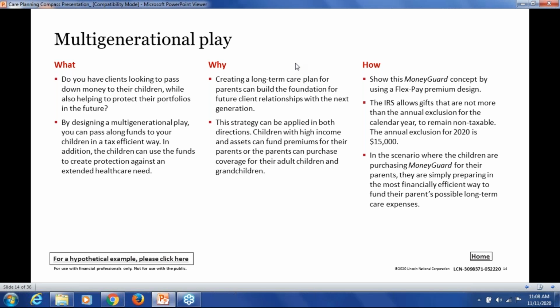And it's really in their financial interest to do so, because if mom and dad have to spend down all of their assets and go on Medicaid, those adult children are inheriting absolutely nothing. So they have an opportunity to protect their inheritance, and not have to worry about becoming caregivers for mom and dad. I mean, that's usually the first thing that happens right there.